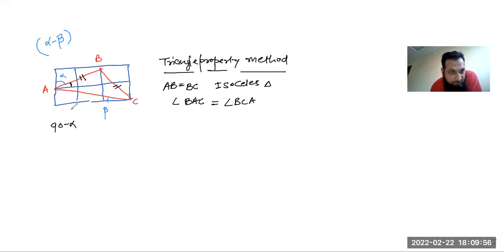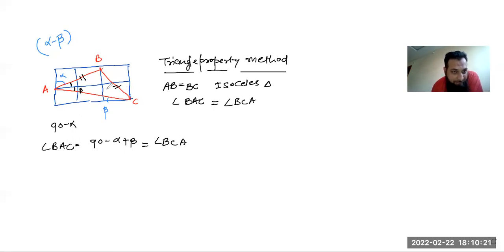And this is a transversal. AC is a transversal. So this angle is same as this angle beta. This is beta, this is 90 minus alpha. So angle BAC is what? 90 minus alpha plus beta. This is angle BAC, which is also equal to angle BCA.